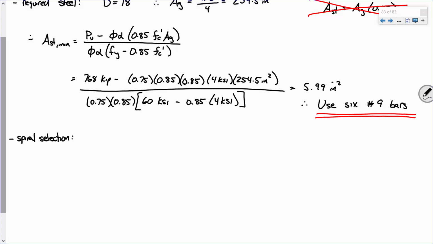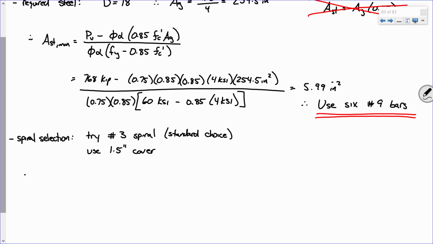Okay. So we're going to start off with our spiral selection by trying a number 3 spiral, which is a pretty standard choice. Now, we're also going to use 1.5 inches of cover, which is a pretty standard selection.